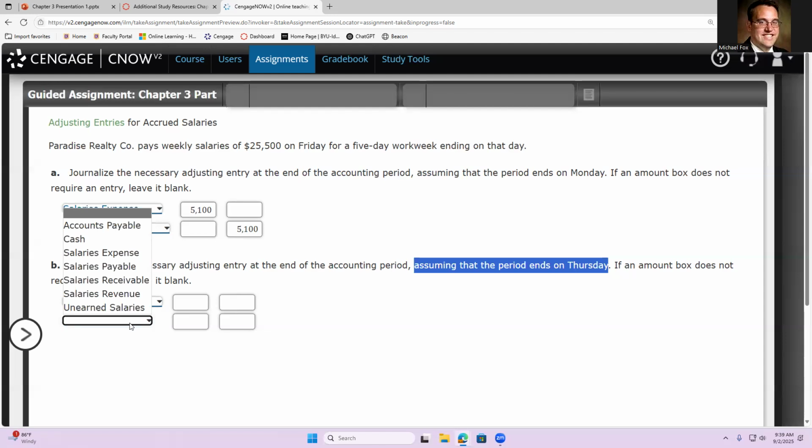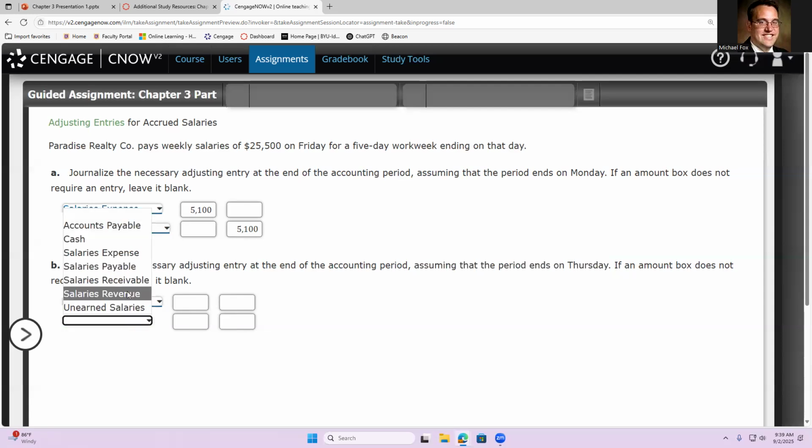When it's an accrued expense, it's always debit an expense, credit a payable. When it's an accrued revenue, it's always debit an asset receivable, credit the revenue account. What did I say? 4 times 5,100 was 20,400, right?